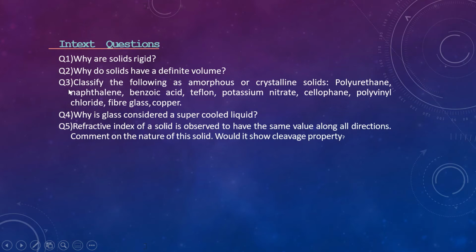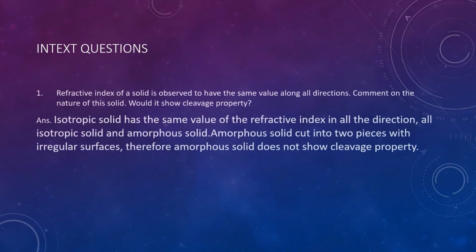Only question number 3 I have given as homework, so I will discuss it at the end of the class. This was the last in-text question: if for a physical property like refractive index we see the same value in all directions, that means the solid is what? Pseudo solid. Pseudo solid means amorphous solid. And if we cut an amorphous solid, we don't get a neat and clean cleavage. We get rough edges.